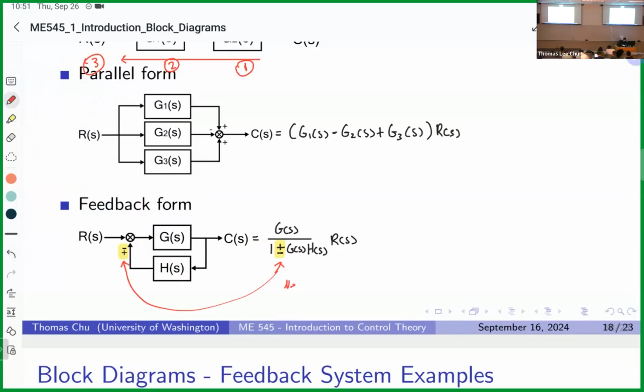So negative feedback, we want to use the plus sign. Positive feedback, we want to use the minus sign for this. So that's feedback form.